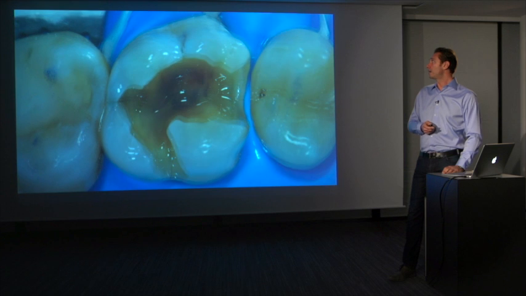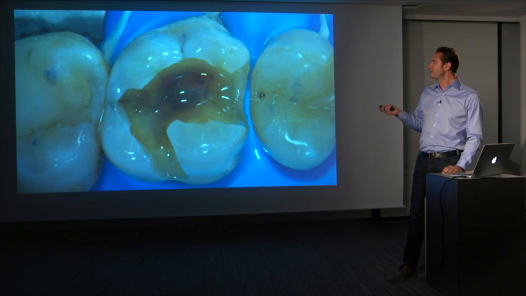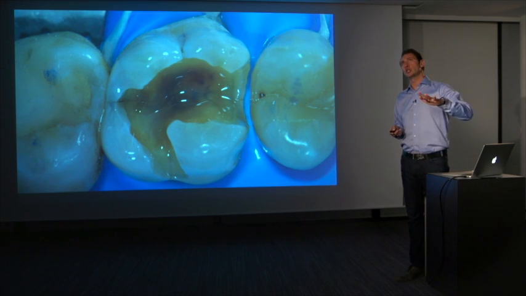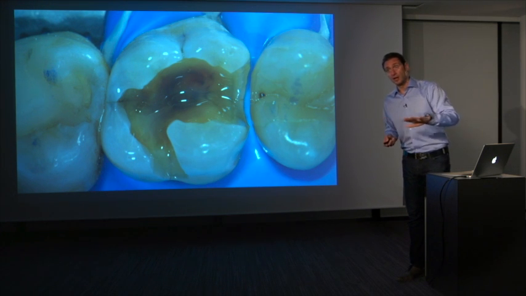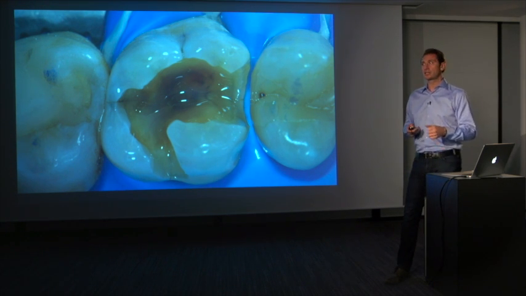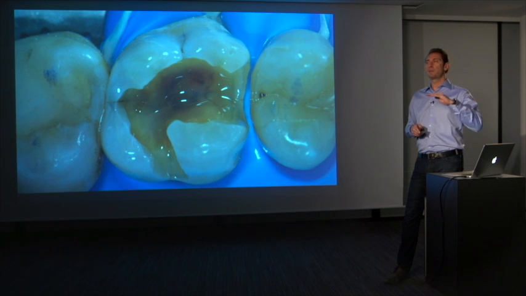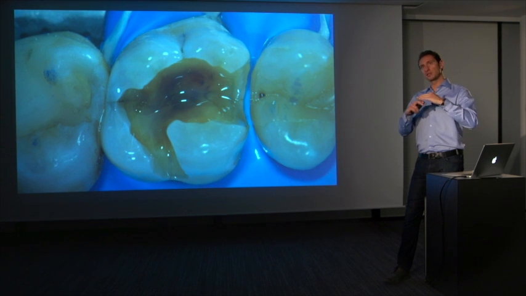What I did here was put a very, very thin layer of flowable composite, just to be sure that the hybrid layer I was forming during the adhesive procedure is protected. It's a way to be sure that the critical margin between restorative material and the freshly formed hybrid layer is a little farther from each other.